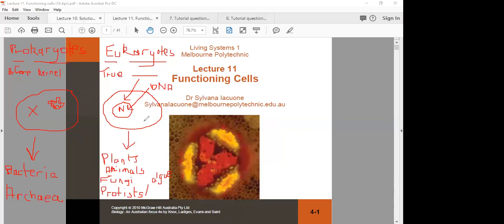Eukaryotic cells are also a lot more complex in that they often, not always, but often contain other structures. And many of these structures are also enclosed in biological membranes. You don't find them here. You don't find membrane-enclosed structures at all in prokaryotic cells. They do contain some structures, but not membrane-enclosed structures.